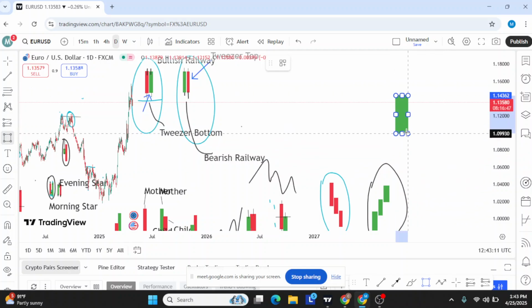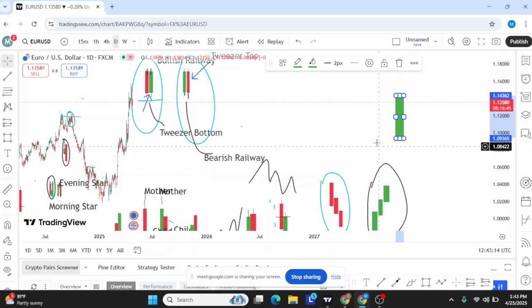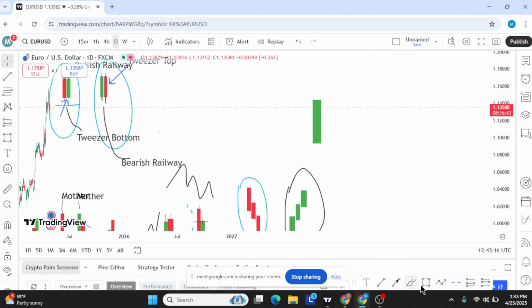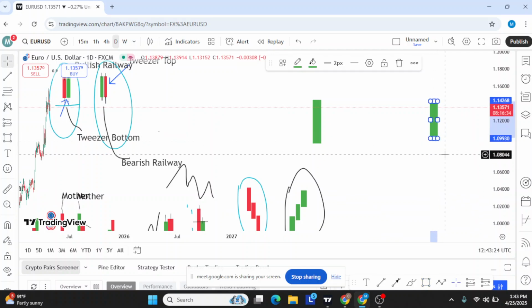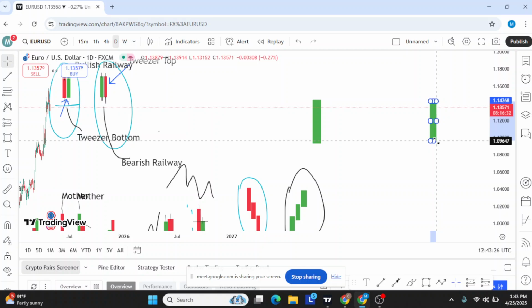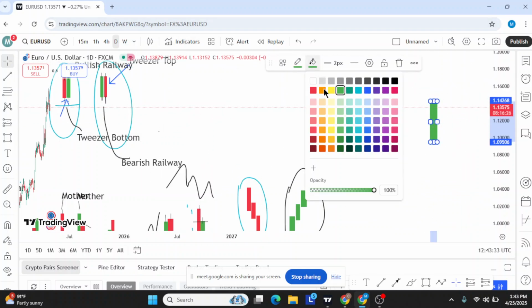So we know that this is the Marabuzo candle.